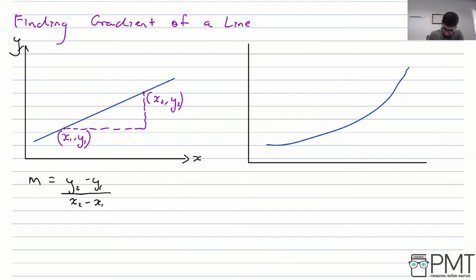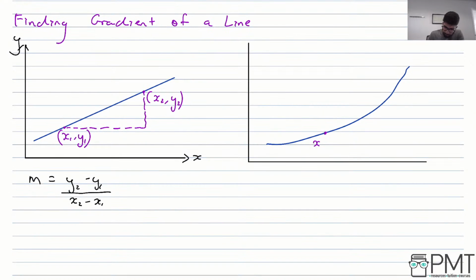I will label that point x, and if we call this y equals f of x, it could be y equals x squared, it could be y equals x cubed minus 3, whatever your function is. This is a point x, y, or we know that y is equal to f of x, so I can call it x and f of x.